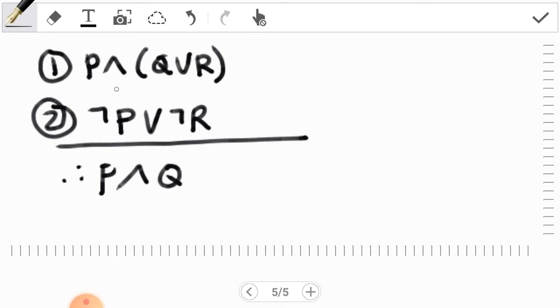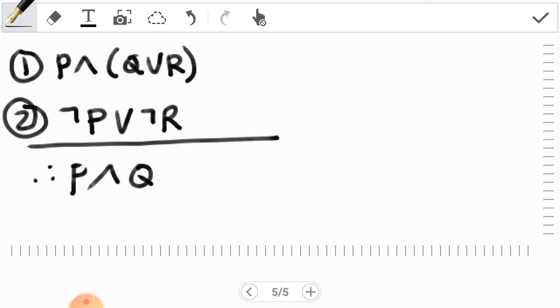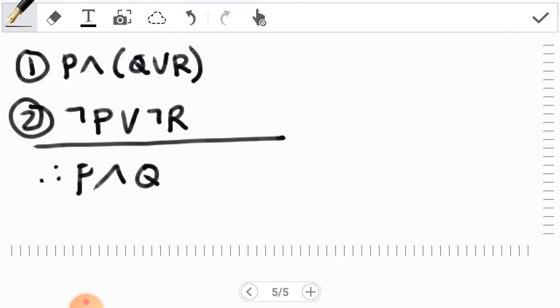Where do we find P and Q? In premise number 1. You don't find Q in the second premise. So most likely, we will be able to obtain P and Q from the first premise. And in doing so, what can we apply first? Look at this.